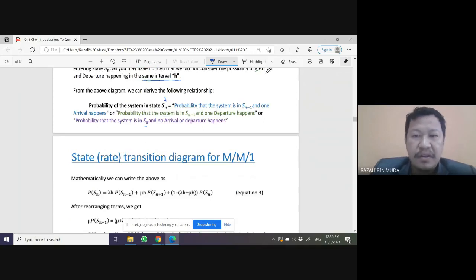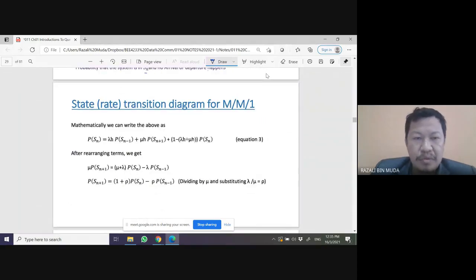So if Sn minus 1, one arrival happens; if Sn plus 1, one departure happens; or if Sn, no arrival or departure happens.